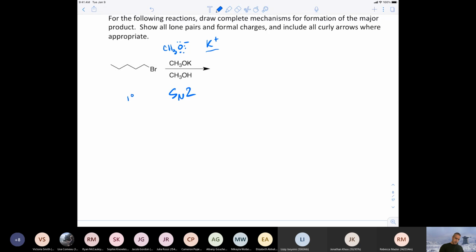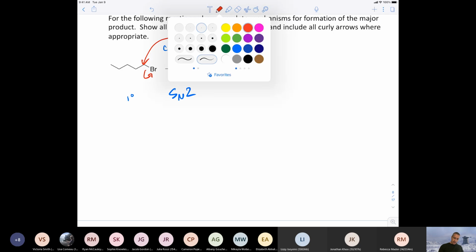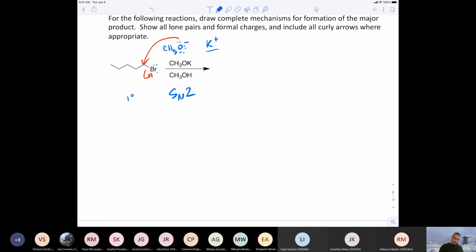So what we can do, actually, we don't have to redraw anything here. We can just attack the alpha carbon, goes there. I think we were asked to put all our electrons in, so let's put our electrons in the bromide. Careful when you do these questions not to lose carbons.